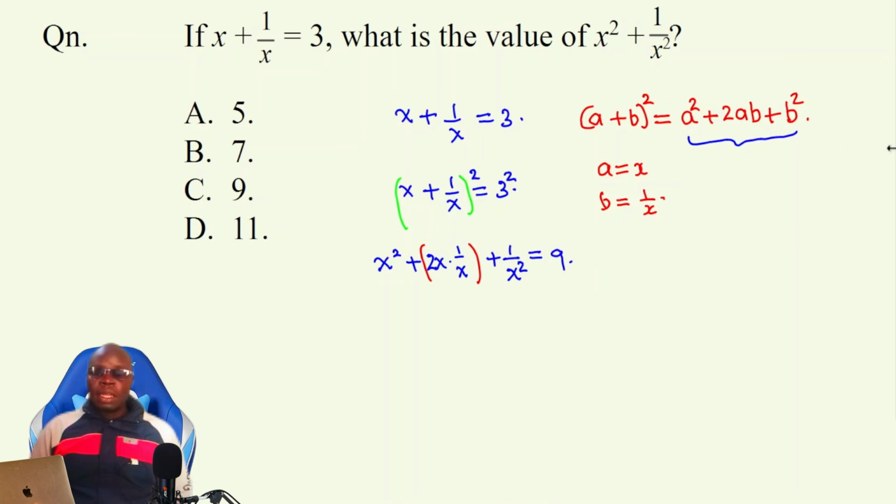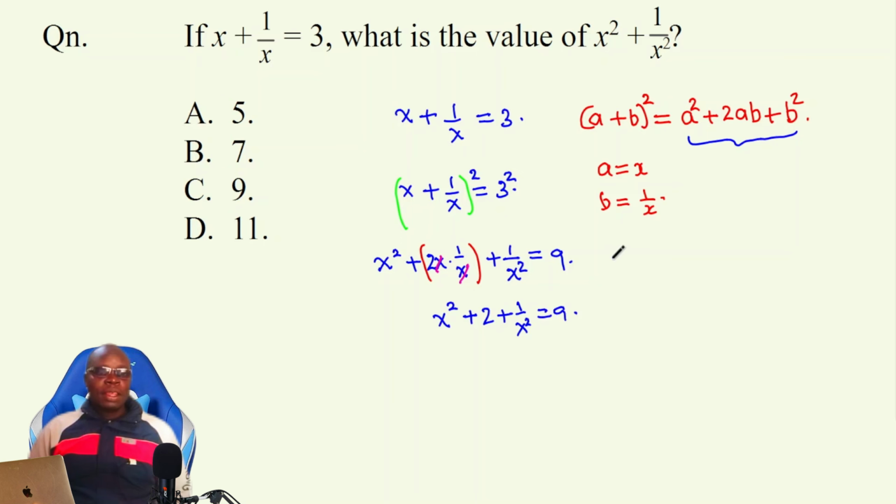Then from here, we can go ahead and cancel our x here, and we're only left with 2 inside this bracket. So we simply have here x squared plus 2 plus 1 over x squared.